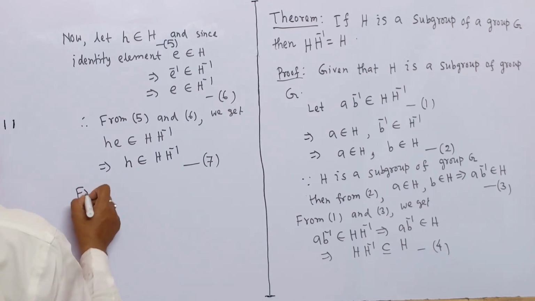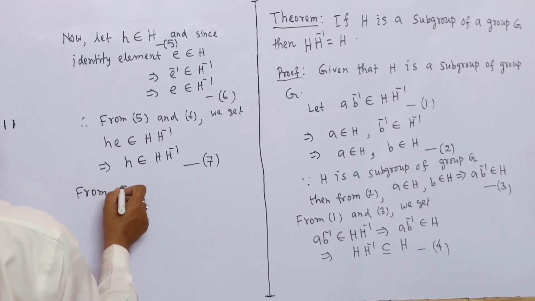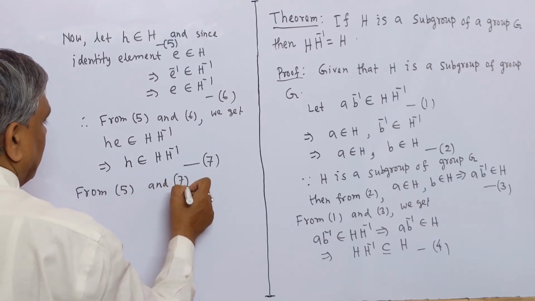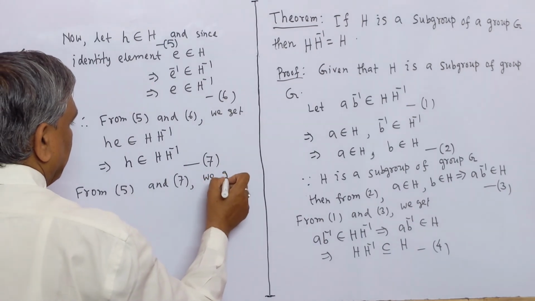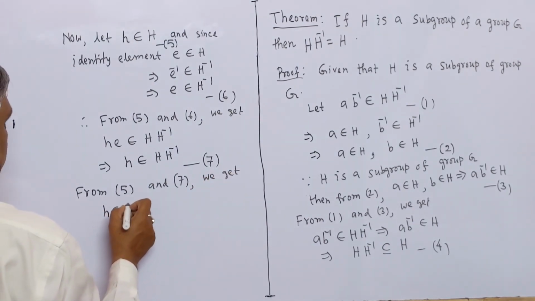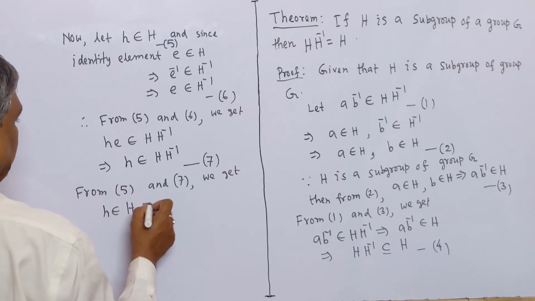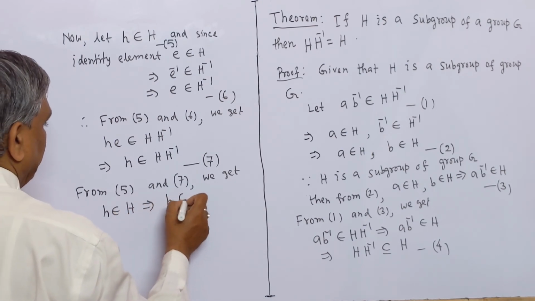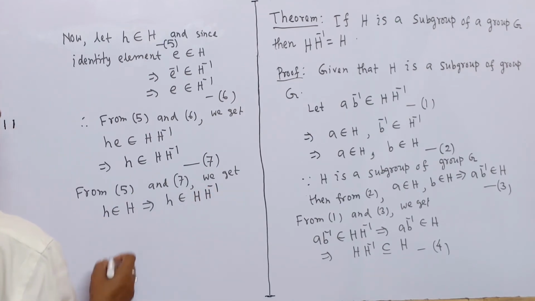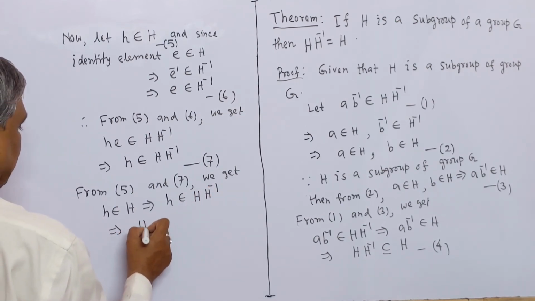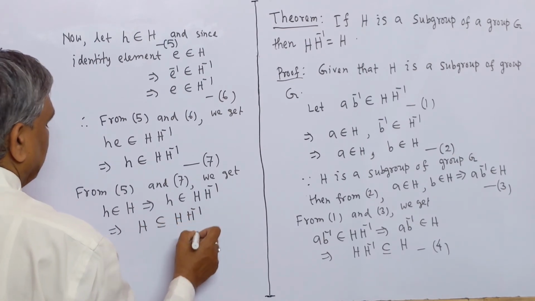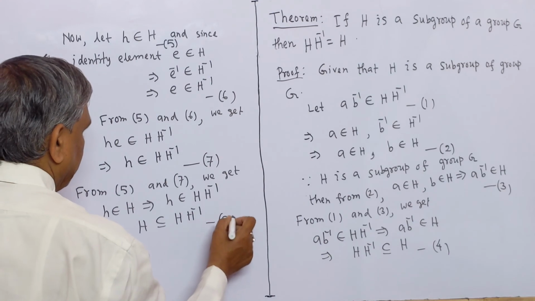From 5 and 7 we get, small h belongs to capital H implies that small h belongs to capital H inverse, implies that capital H is a subset of H inverse. This is number 8.